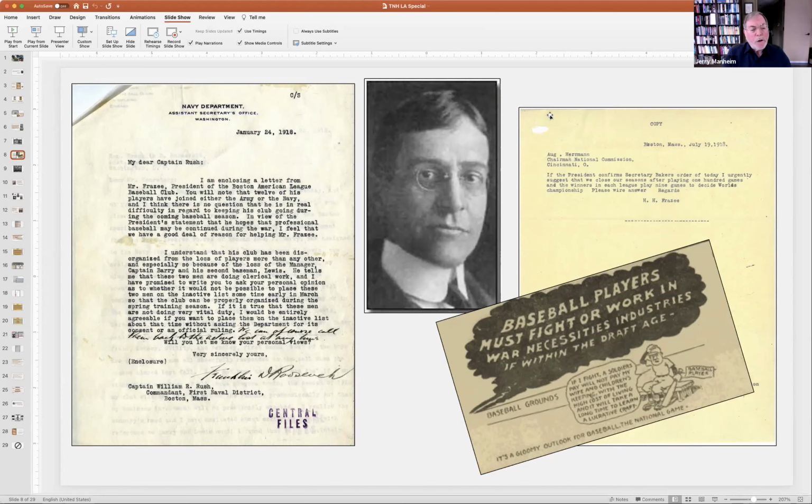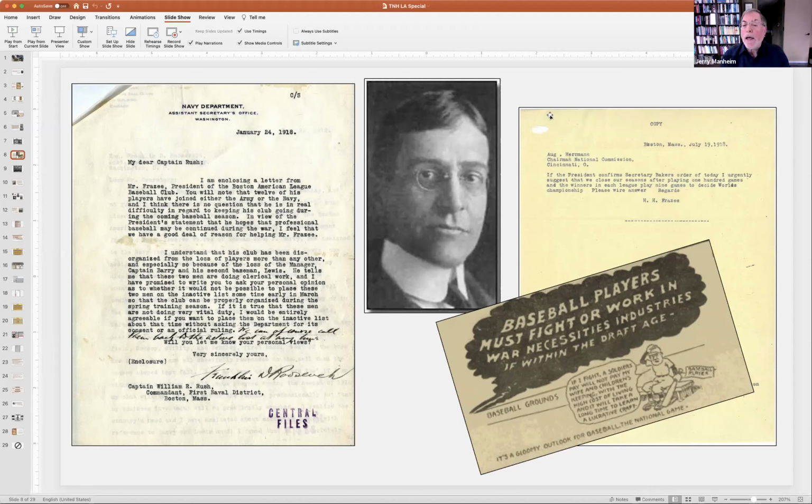And there were 2 players who were working in the commandant's office, and they were just doing clerical things. And would it be all right, Roosevelt wants to know, if those 2 players were released back to the team so they could play on the field? And then there's a little handwritten note down there that says, we can always call them back if we really need them. So that's January of 1918.